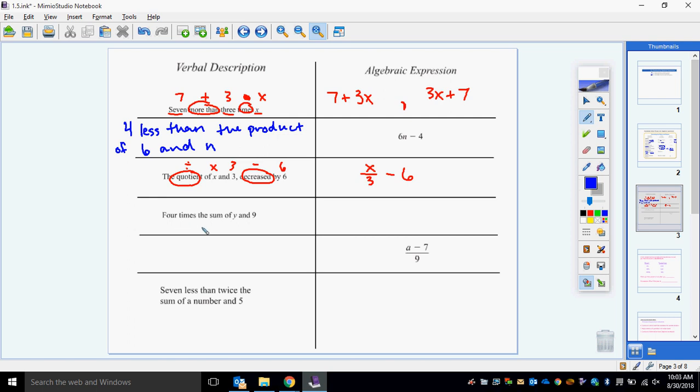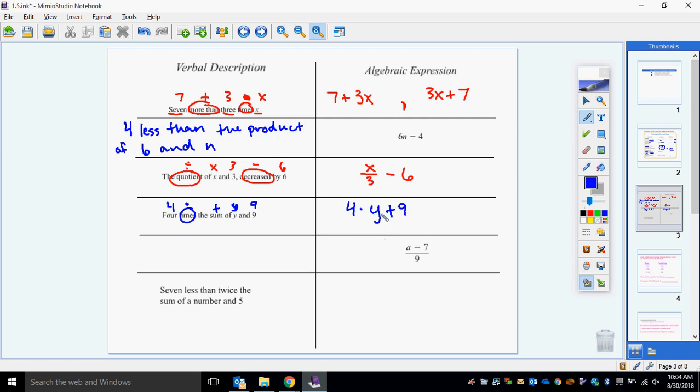4 times the sum of y and 9. This one is tricky. So I see 4. Times means multiply. Sum means add. And I have y and I have 9. So are we taking 4 times y plus 9? 4 times the sum of y and 9. That looks like it would be right.